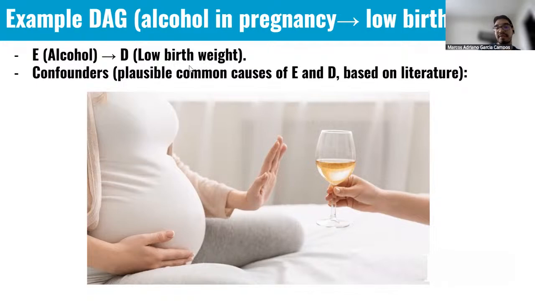Socioeconomic status. If the mother has a low socioeconomic status, based on literature, they have more use of alcohol during the pregnancy. We know that. But also mothers from a low socioeconomic status have more chance to have a baby with low birth weight, because of many factors, but we know that based on the literature.